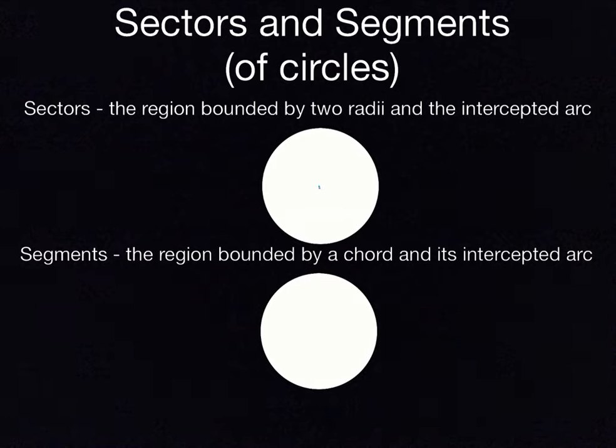If I have a radius here and maybe a radius here, so I have the two radii, and then its intercepted arc is this arc right here. I'm trying to stay on the circle as best I can. It's the area that's bounded by that, so it would be all of this area.